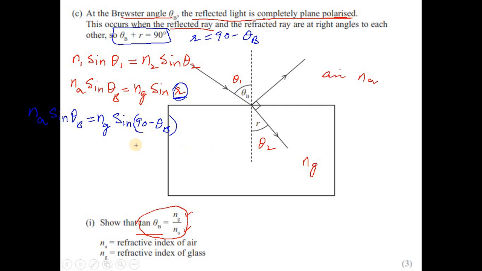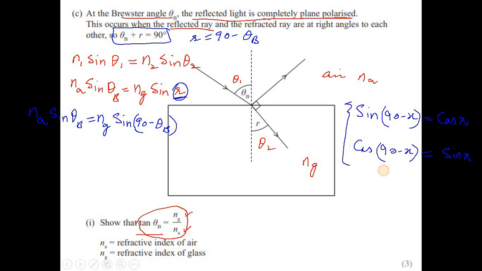Now those who are studying maths, you have studied a formula in trigonometry: sine of 90 minus x is equal to cos x, or cos of 90 minus x is sine x. This is a formula in trigonometry.